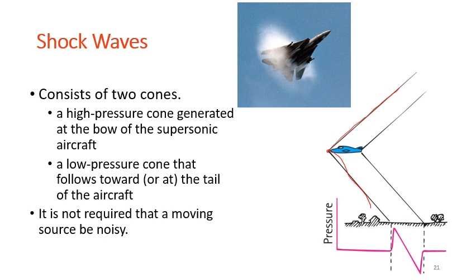At the tail of this supersonic jet, another cone is created, and this is usually low pressure. If you check the graph over here, pressure, at this point you can see a peak, that is high pressure, and here you can see a dip, it's a low pressure. So these two cones are created by the bow and the tail of the supersonic jet.